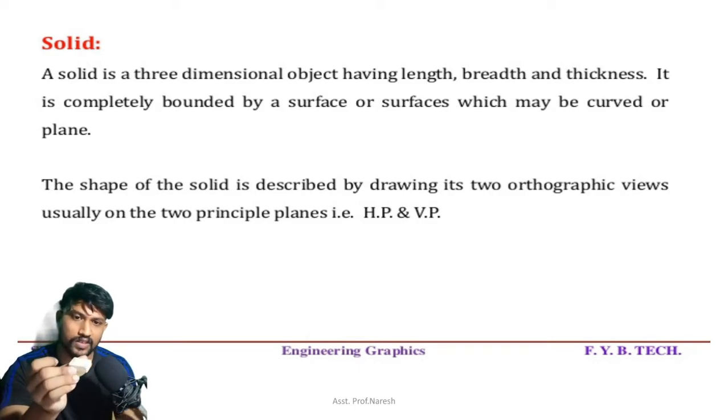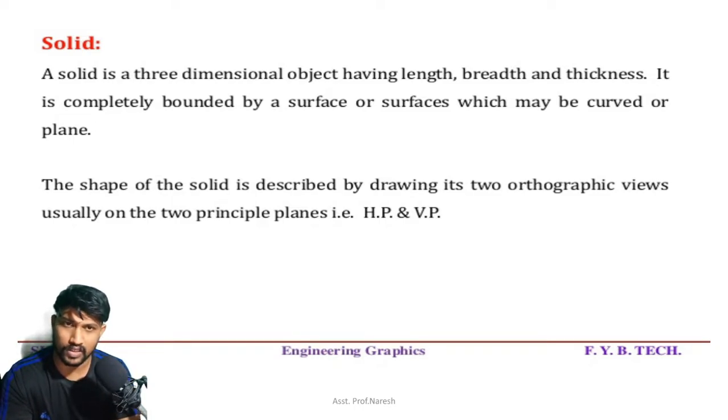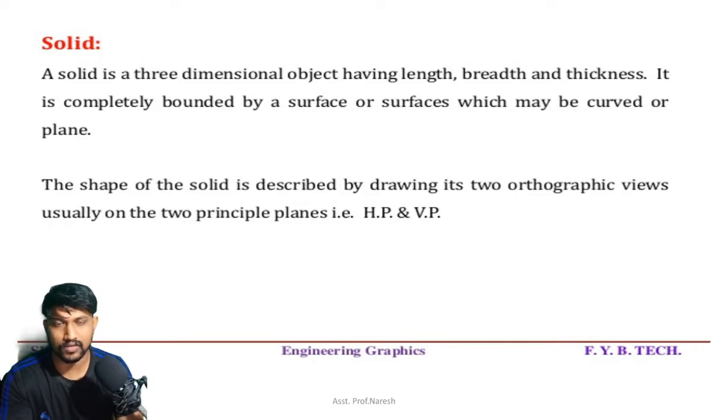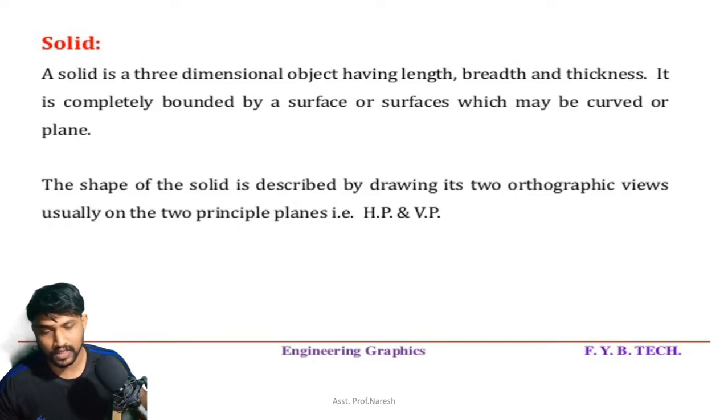Isometric view means this edge and this edge, from your perspective, seem to have an inclination of 120 degrees with one another. These adjacent sides seem to be at 120 degrees. Actually they are perpendicular, but the angle should seem to be 120 from your perspective.